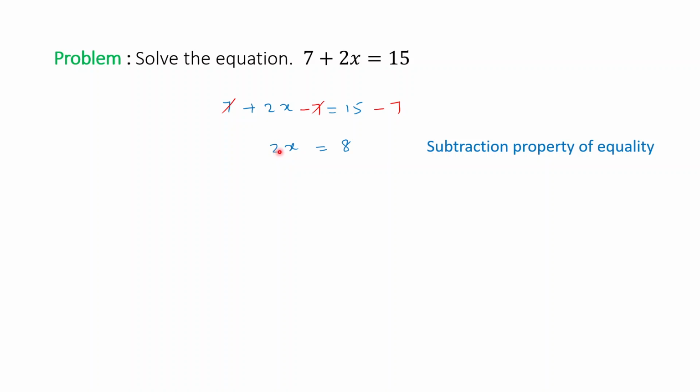You have 2x, but you need x. So divide this out. So divide both sides by 2.